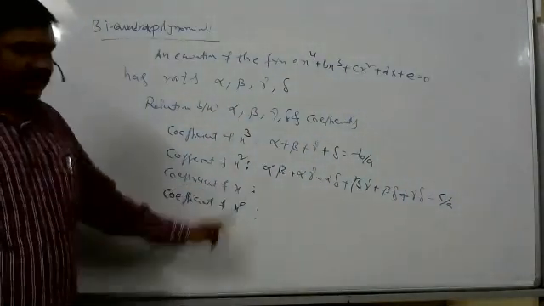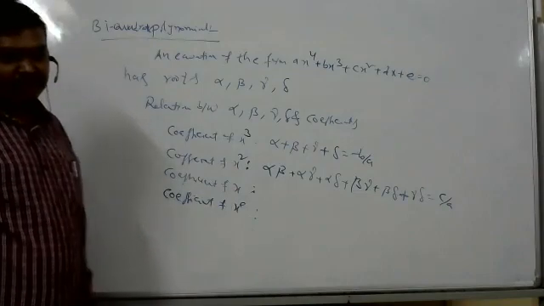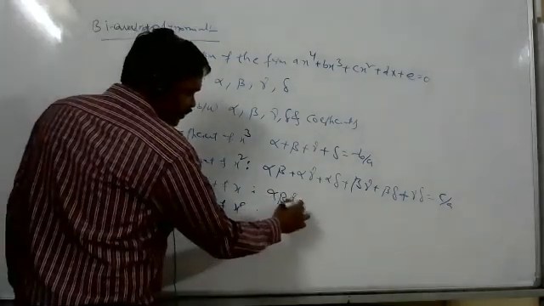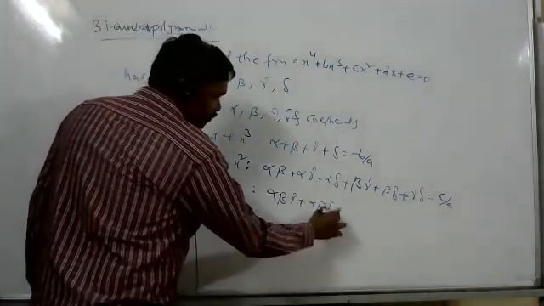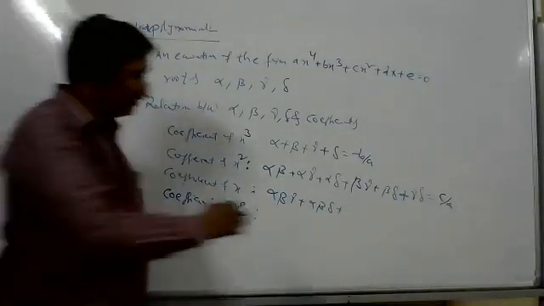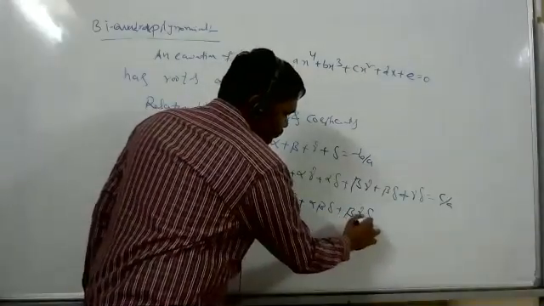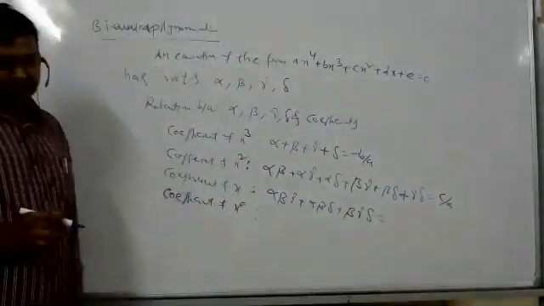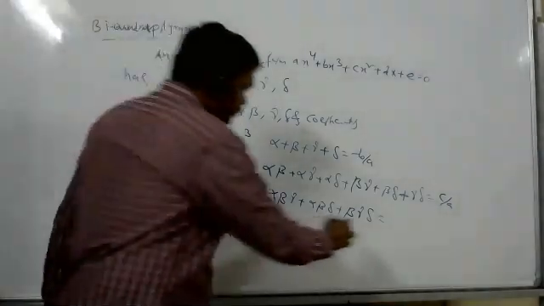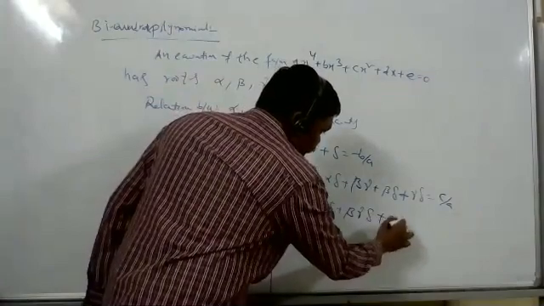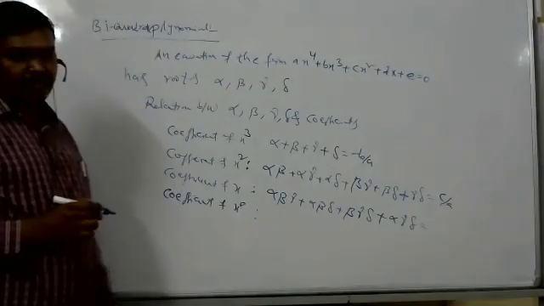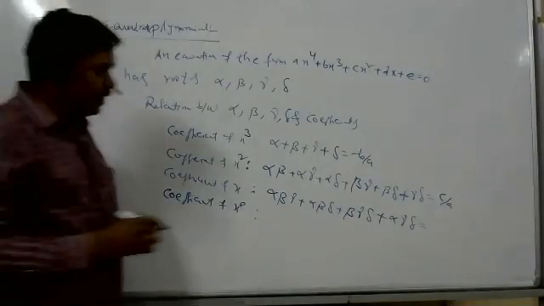Next, coefficient of x: alpha beta gamma, alpha beta delta plus alpha gamma delta plus beta gamma delta is equal to minus d by a.